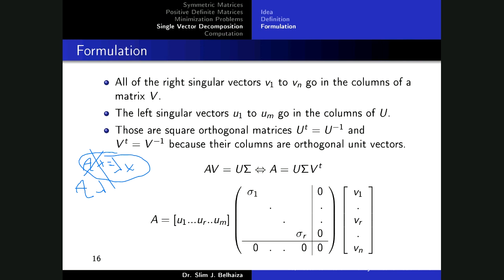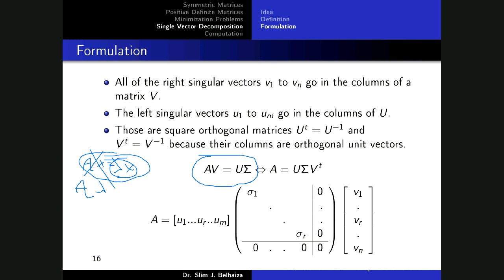So we try to come up with something that looks quite close, which is this formulation: AV equals U sigma. It is quite close to the formulation using the lambdas and the x's, or the eigenvalues and the eigenvectors.